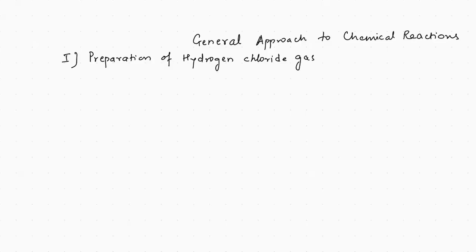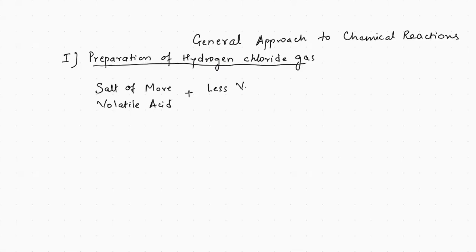Now, for preparation of hydrogen chloride gas, the principle behind the reaction is that salt of more volatile acid reacts with a less volatile acid to give you a salt of less volatile acid plus more volatile acid.